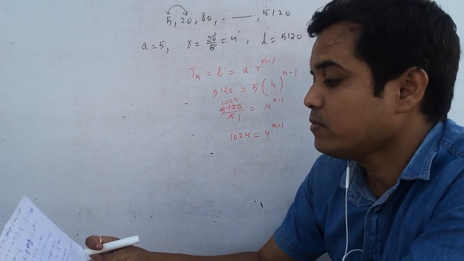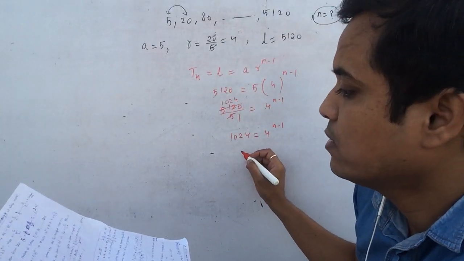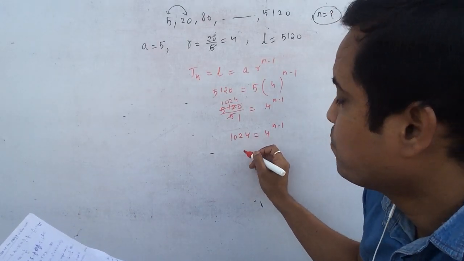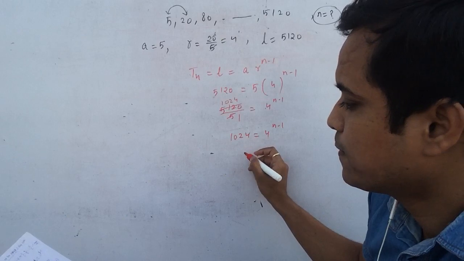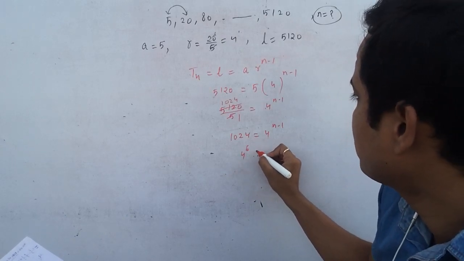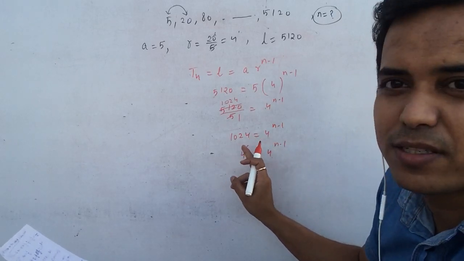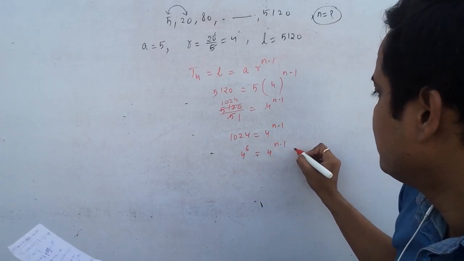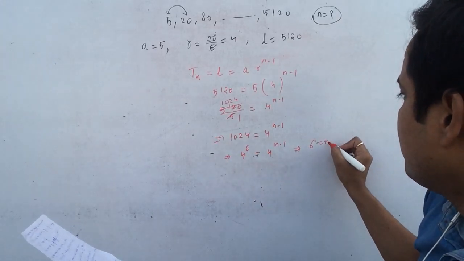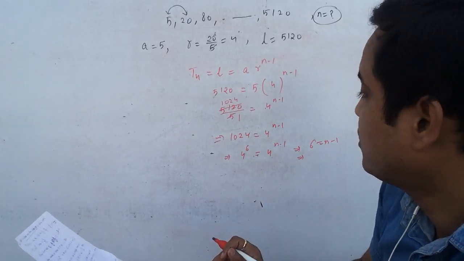So I have solved this, what would you get? 4 raised to power 6 equals 4 raised to power n minus 1. When you prime factorize it and equate the exponent, you will get n minus 1. Is it right or wrong?